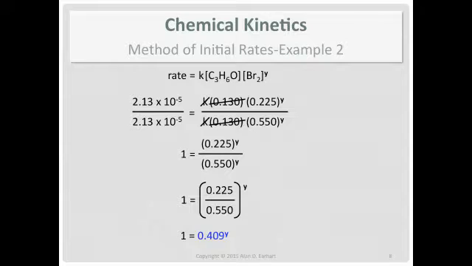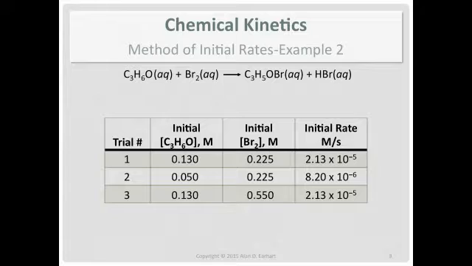Any number raised to this value is 1. It doesn't matter what the number is. So what's y? y is 0. Anything to the 0 power is 1. All right, so let's write out the rate law.